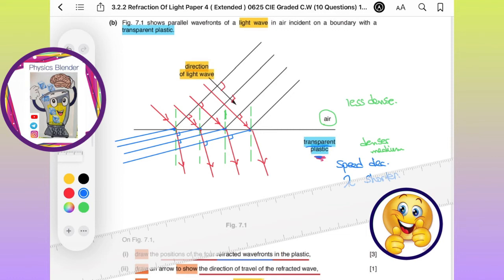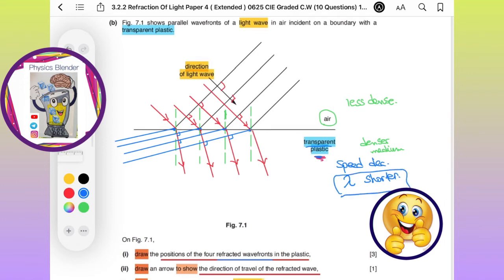Now you find the wavelength is shorter. The spaces between the new wavefronts in the transparent plastic are shorter. Because according to the wave equation, in refraction, frequency is constant.